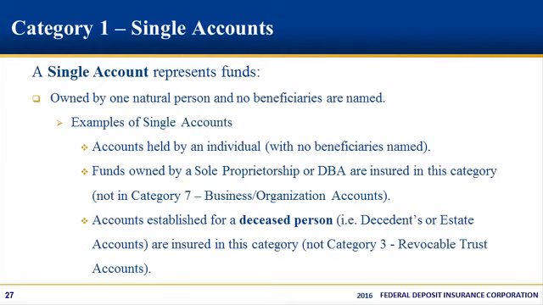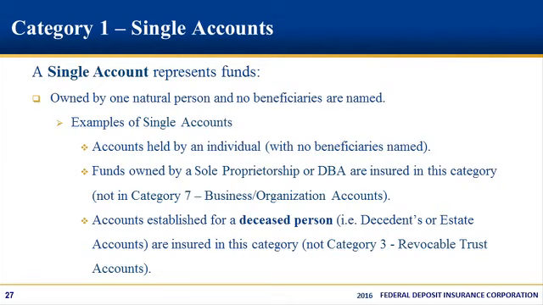While a sole proprietorship deposit is open based on a business activity conducted by the depositor, it is important to understand that a sole proprietorship is not covered under Category 7 business organization accounts. The reason is, with a sole proprietorship entity, the owner has not formally created either a corporation or partnership entity, which is required to be covered separately under Category 7 business organization accounts.